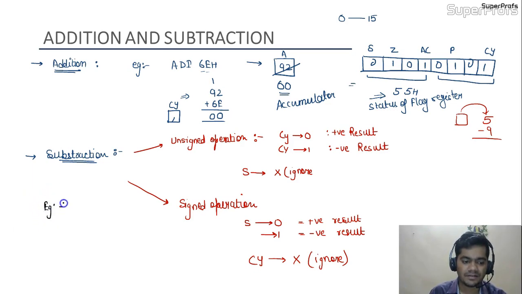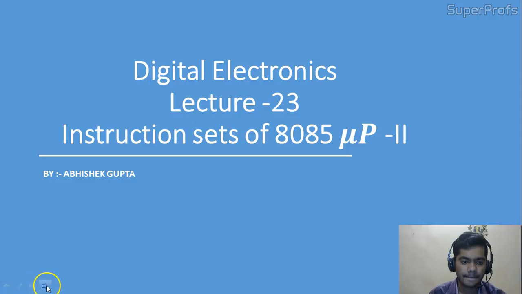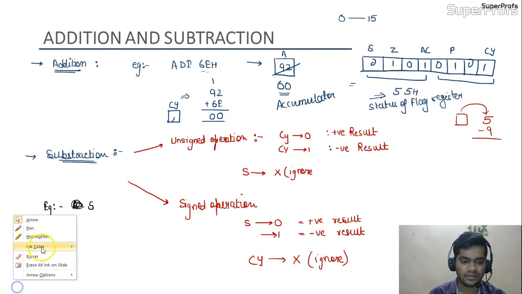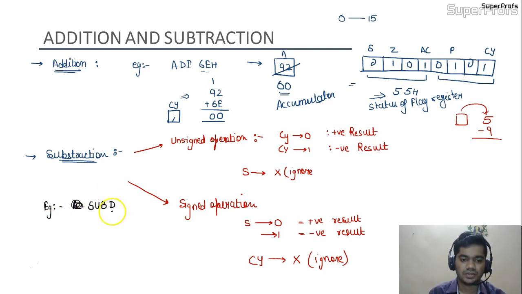Suppose we have been given an instruction SUB D. So what this instruction is doing, it is subtracting the content of D from the accumulator, and suppose we are taking the accumulator content as 85H and for D we are taking 32H.